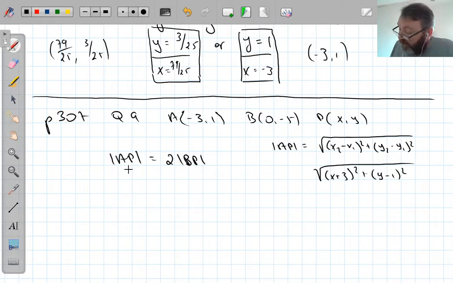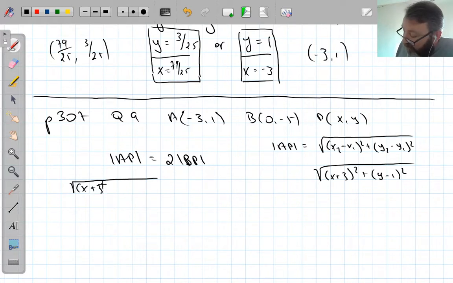Okay, so put that in over here. It's the square root of x plus 3 to be squared plus y minus 1 to be squared. Now, don't worry about getting the square root just yet, for the very simple reason that there's going to be another square root on the other side, and you'll be able to square them and cancel them that way. So don't make life complicated, okay?